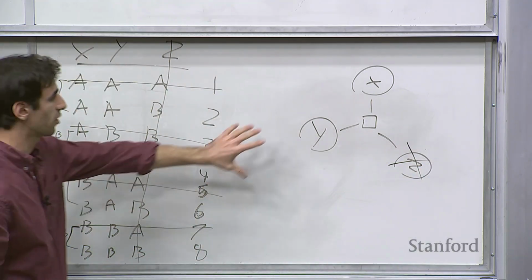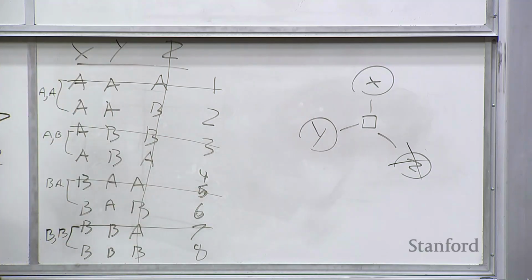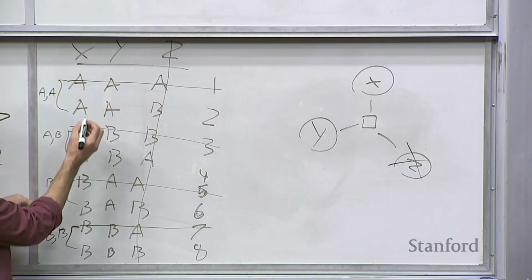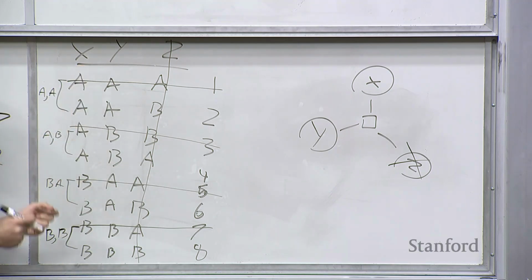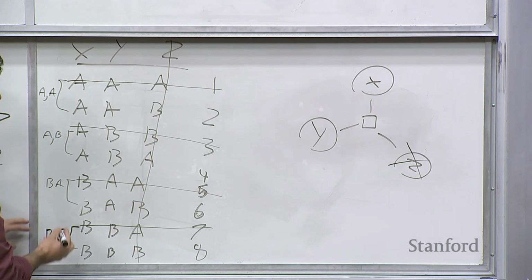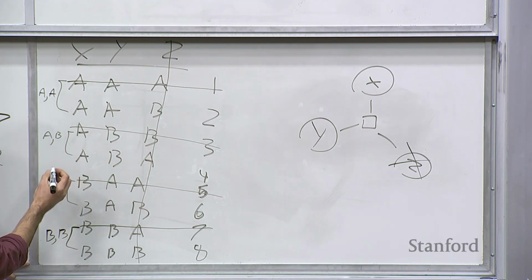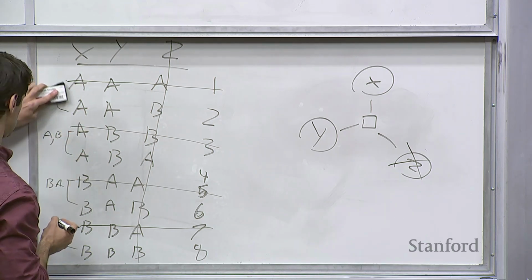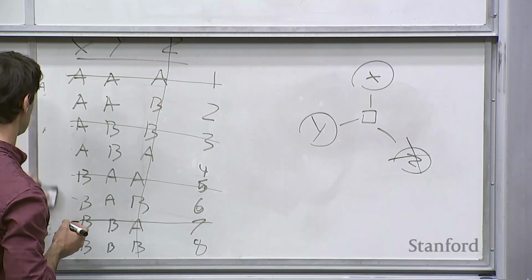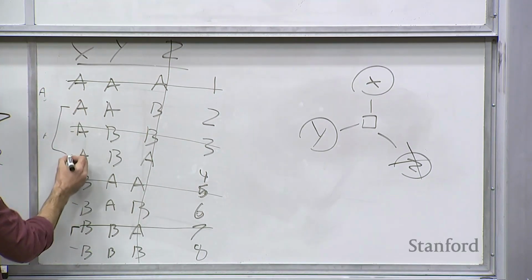OK, so now we're going to work on y. Again, we do the same thing. We say for each value in y's Markov blanket, which is x, we repeatedly condition on all the possible values it could take on, and then dynamically choose the best value based on that. So now we're comparing these two.